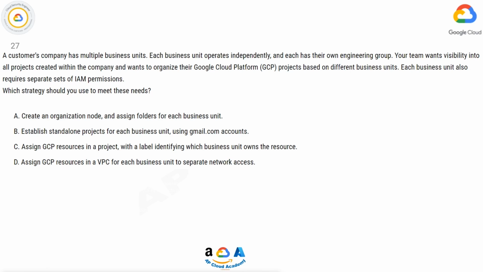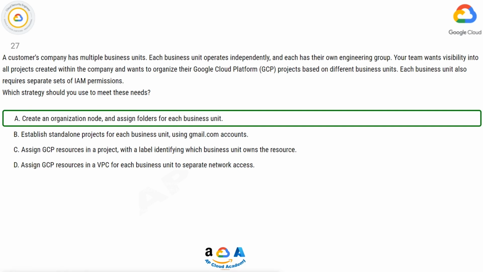A. Create an organization node, and assign folders for each business unit. B. Establish standalone projects for each business unit, using gmail.com accounts. C. Assign GCP resources in a project, with a label identifying which business unit owns the resource. D. Assign GCP resources in a VPC for each business unit to separate network access. Correct answer, A.